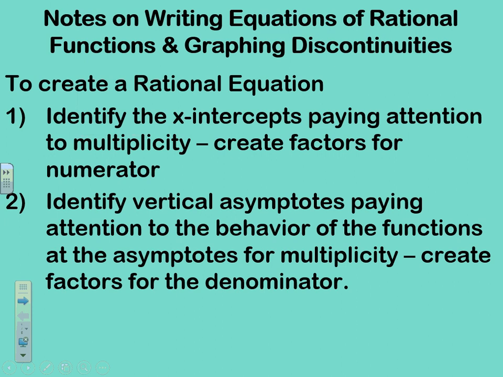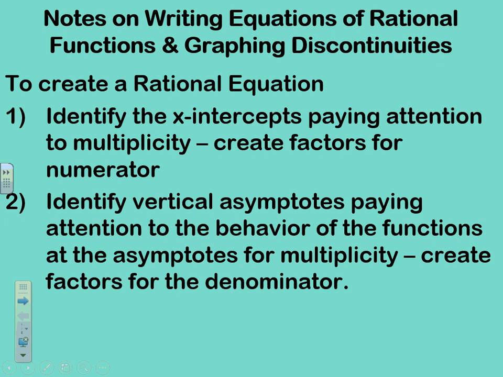What we're going to be discussing in this lesson is how we are going to look at a graph of a rational function and work our way backwards in order to write the equation of it. What we had been doing prior to this is we had an equation of a rational function, and we broke it down by simplifying it to see the polynomial in the numerator and the denominator in factored form.